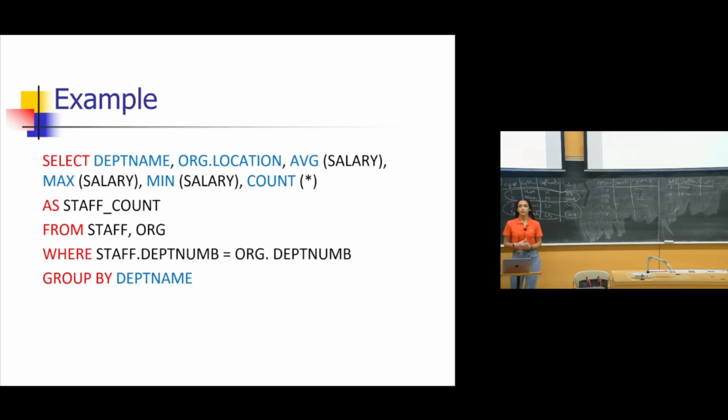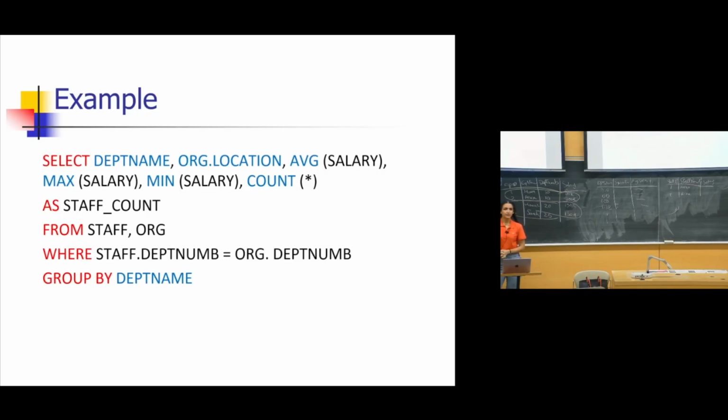For example, you cannot write salary, but you can write average salary. You cannot write salary, but you can write minimum or maximum salary. You cannot write employee ID, staff name, but you can write count staff ID or count star, right? Count star in the staff table is the number of employees.